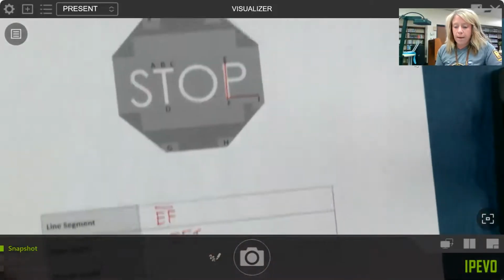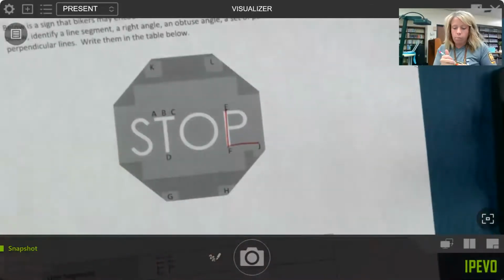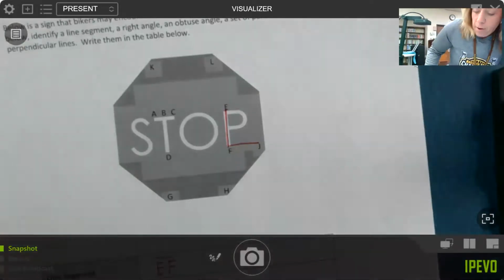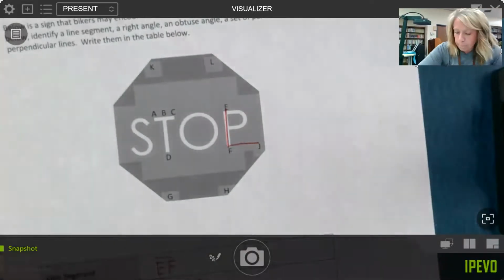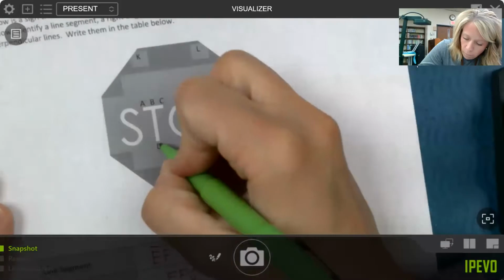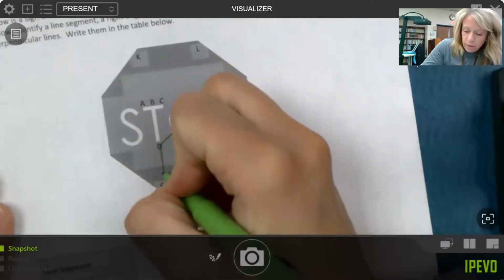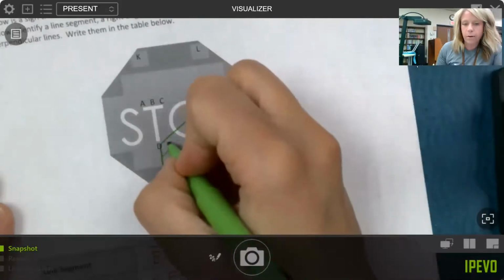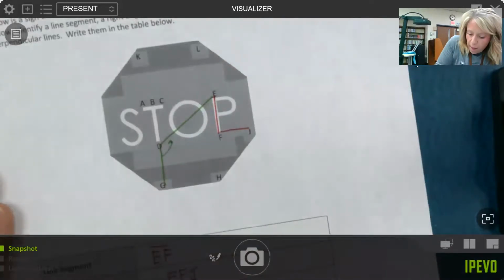Now I need a big angle, an obtuse angle. I'm going to switch colors for this one. I need something bigger. So I might do this angle right here, bigger than a right angle. So that would be angle GDE.